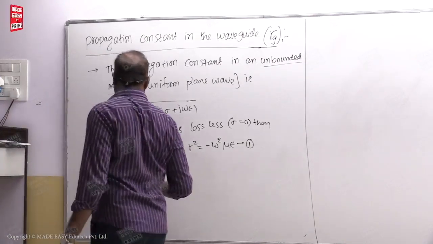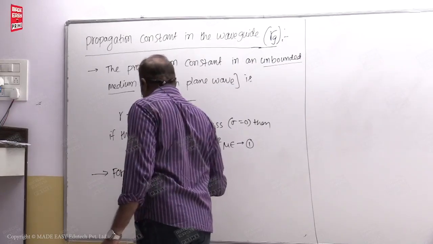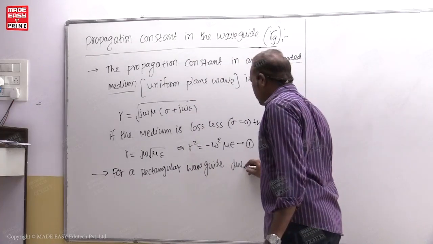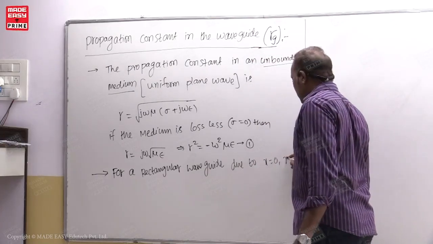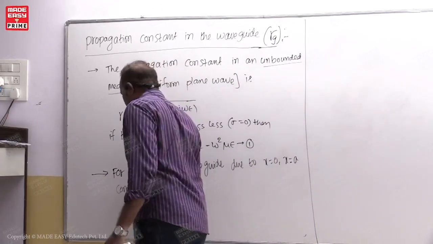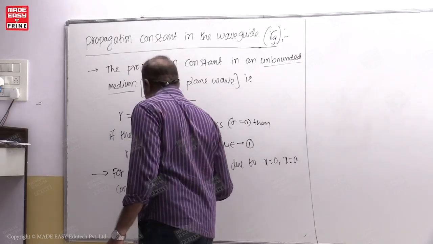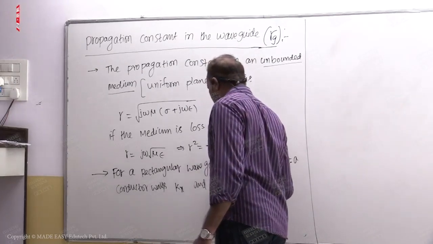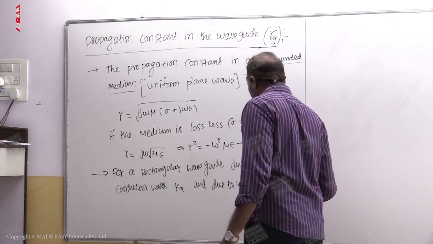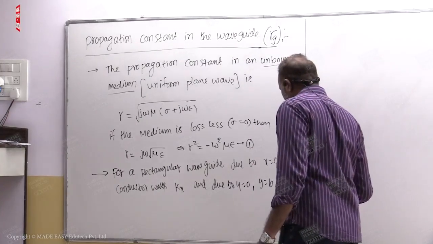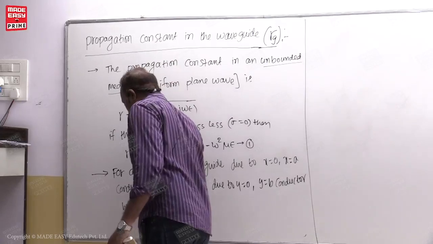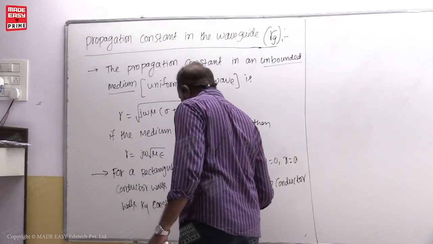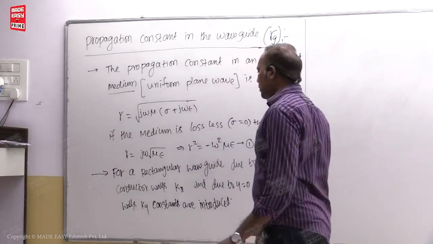For a rectangular waveguide, due to x is equal to 0, x is equal to a conductor walls, kx, and due to y is equal to 0, y is equal to b conductor walls, ky, constants are introduced. These constants are introduced.